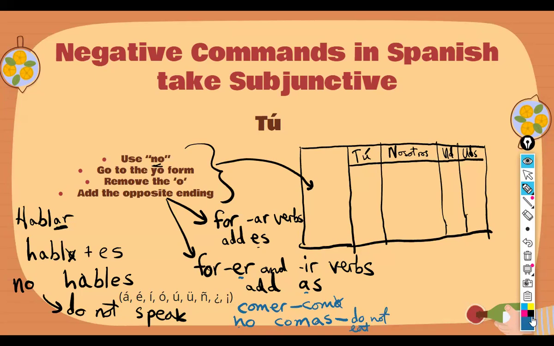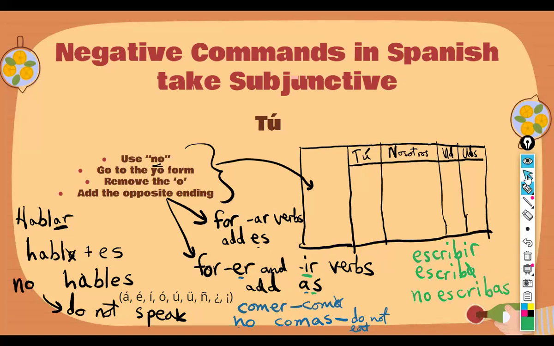And the other one that I had on that list there was escribir. Right? So escribir is an IR verb. Escribo is the yo form. Take off that O. I'm left with ESCRIB. For IR verbs, I have to add again AS. So no escribas.